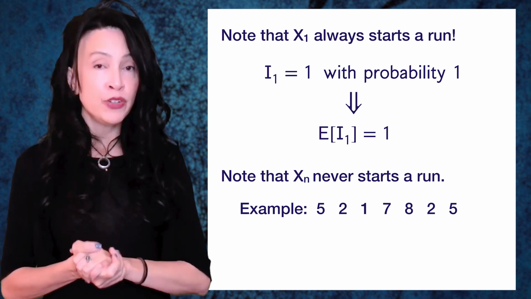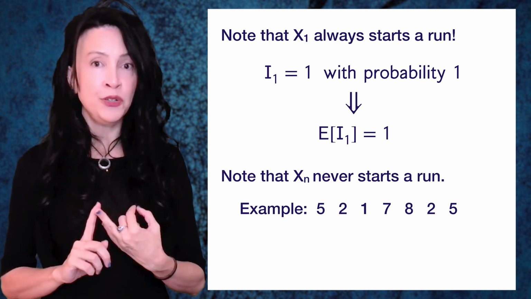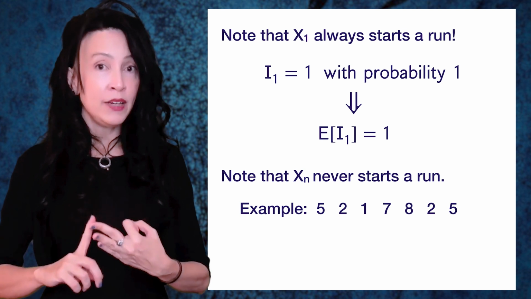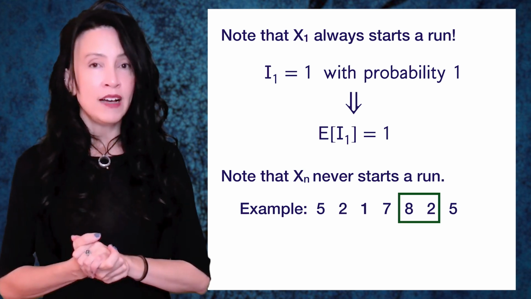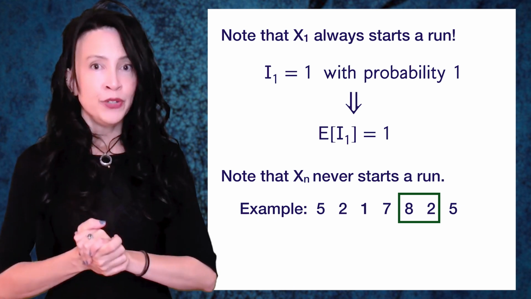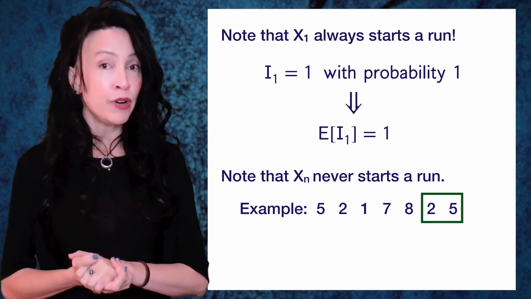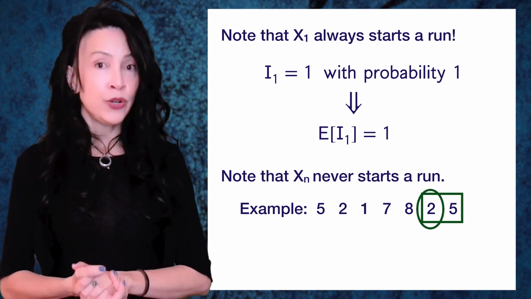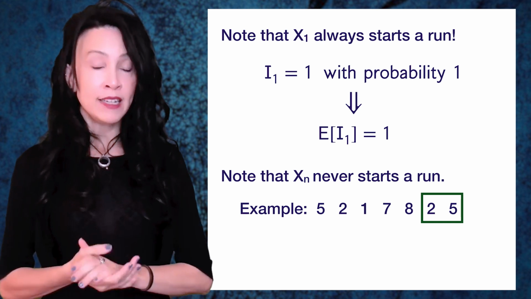But the third value is starting a run up. So far we have I1 equals 1, I2 equals 0 because the second one is not starting a run, and I3 equals 1. And so we keep going, right? And here between 8 and 2, we're going down. But from 2 to 5, we start going up with that last value. But the start of that run is right here, the 2 and then the 5. So xn never starts a run, and that means that the indicator I sub n is 0.